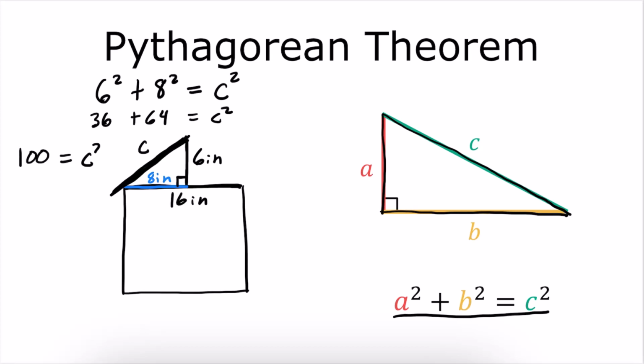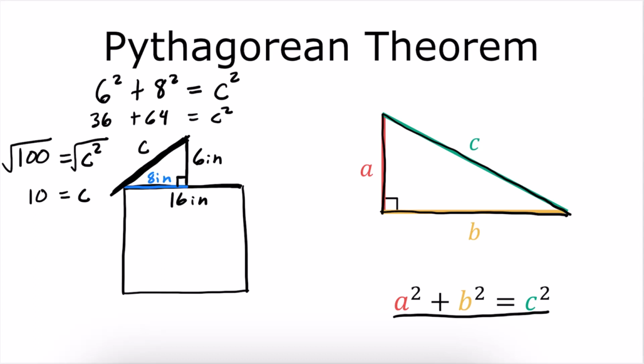And so that distance of this side of my triangle, or the roof of my birdhouse, if I take that distance and square it, it would equal 100. To find out what the distance is, I could either square root both sides, which tells me that C equals 10, or I could just know that 10 squared equals 100.